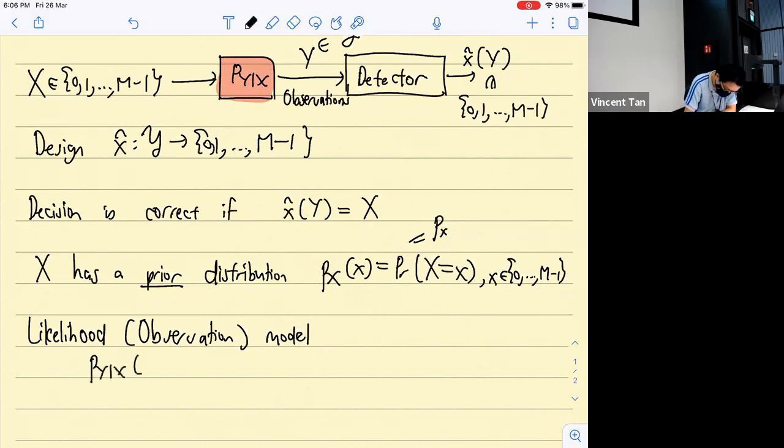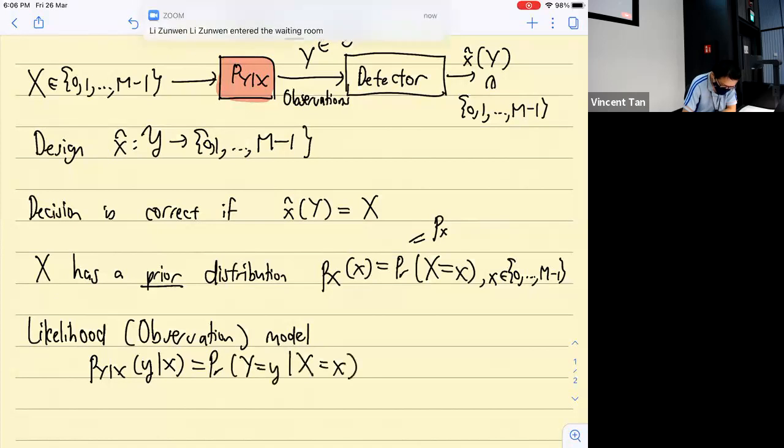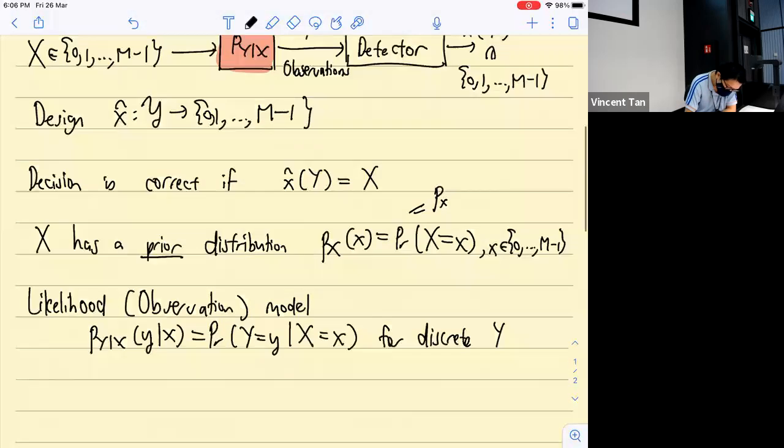This is our observation, and this is the underlying true hypothesis. It is the probability of Y being equal to little y conditioned on X equals little x in the discrete case, for discrete y observations. And sometimes we write this as f of y given x, y given x. This is a density for continuous observation y.